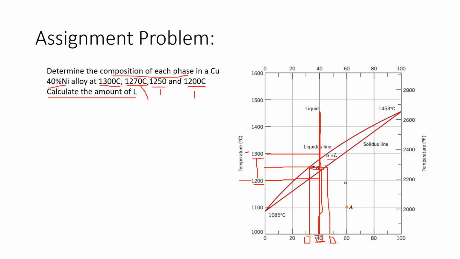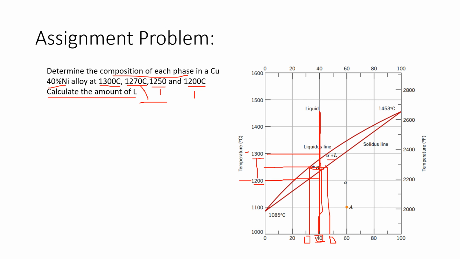So this is C alpha, C alpha at 1200 degrees centigrade. You found the answer very easily for 1200 degrees centigrade and for 1300 degrees centigrade, but you need to do calculations for 1270 degrees centigrade and 1250 degrees centigrade.